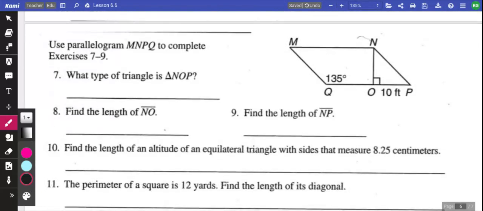This one tells you that this is a parallelogram, which tells you these two sides are equal and parallel, and these two sides are equal and parallel. And it wants to know what type of triangle NOP is.